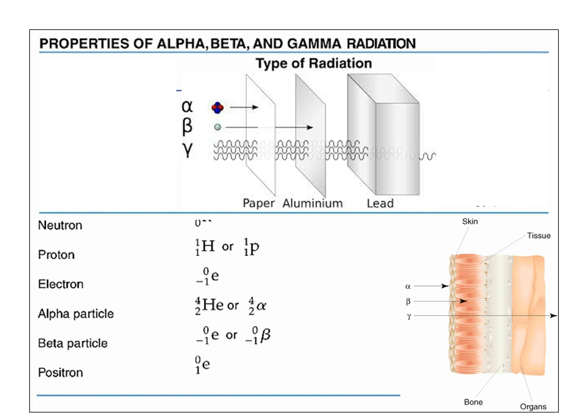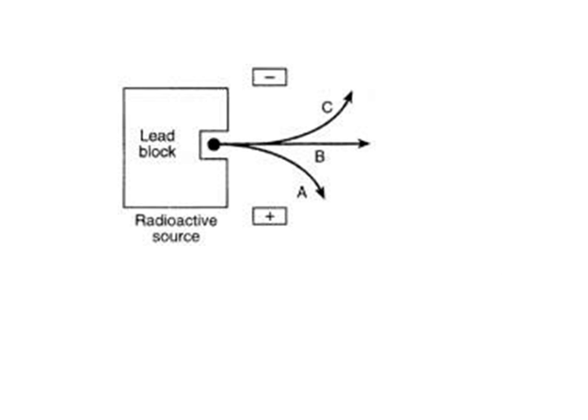There are other particles you can run into, positrons, and those are ones that we would get into in a more advanced chemistry class. So if you had a radioactive source and it was coming out of a lead block and there was a charge in that force, you could tell the direction in which the particles would travel because opposites attract.